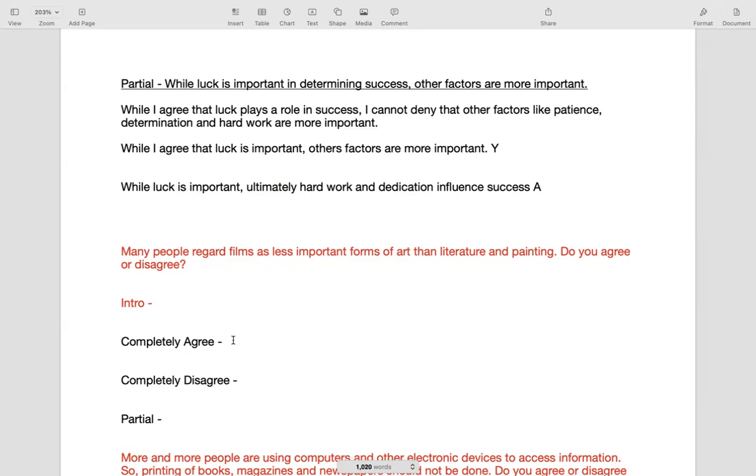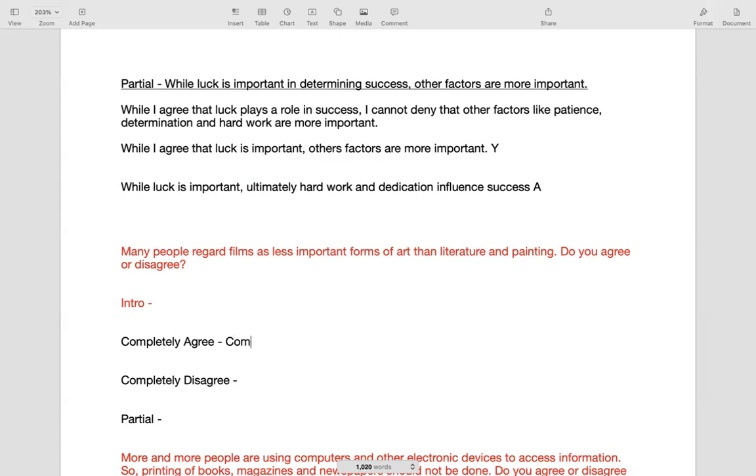Just agree. Paraphrase it for me. They're saying that films are less important. So we also agree that films are less important.